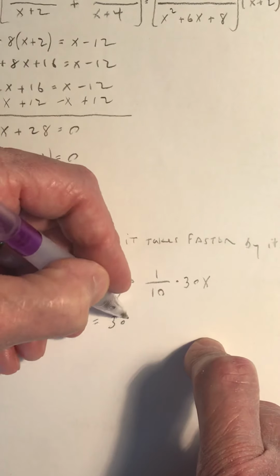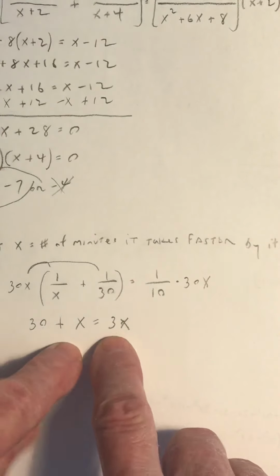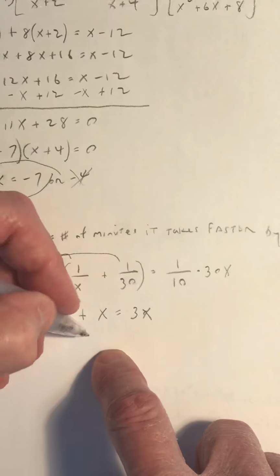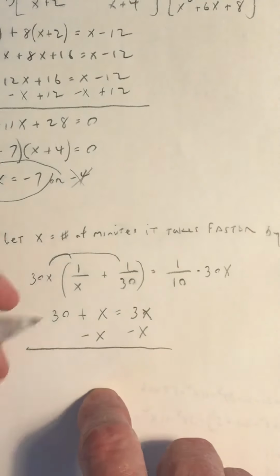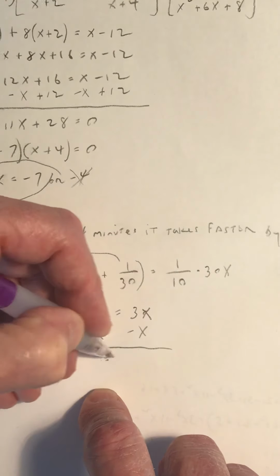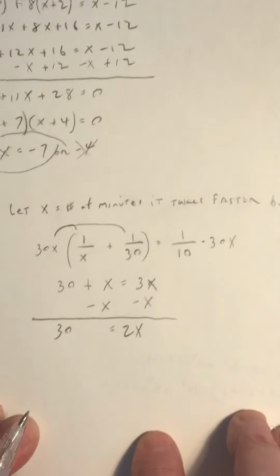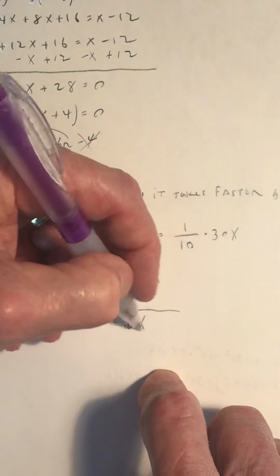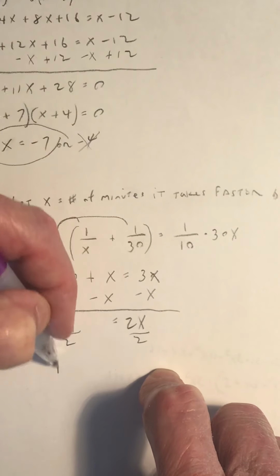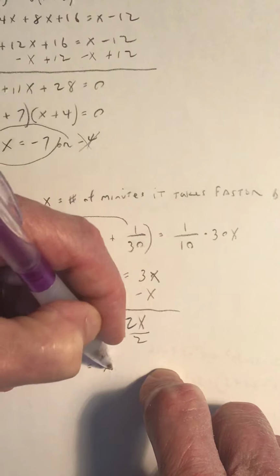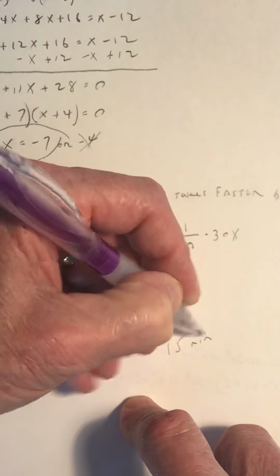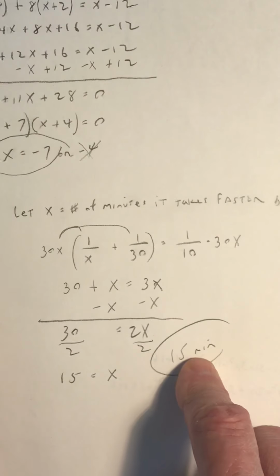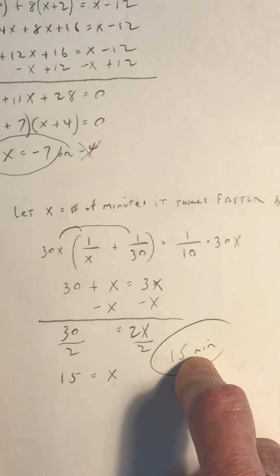I'm sorry. I am a hot mess today. I'm really sorry. We have 30 plus x equals 3x. One mistake after another. Subtract x to get 30 equals 2x. Divide by 2. You get 15. So 15 minutes for the faster computer working by itself.